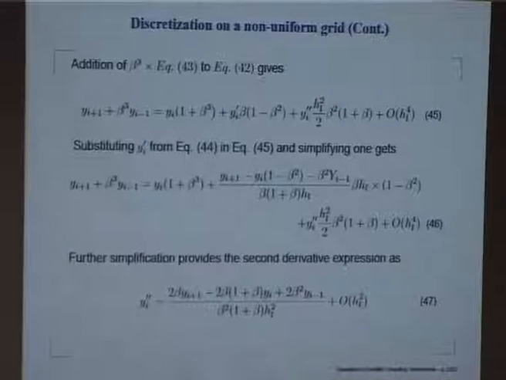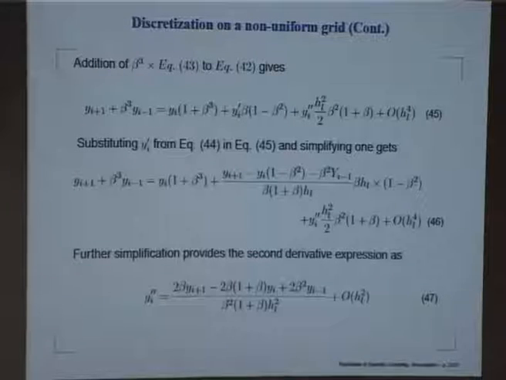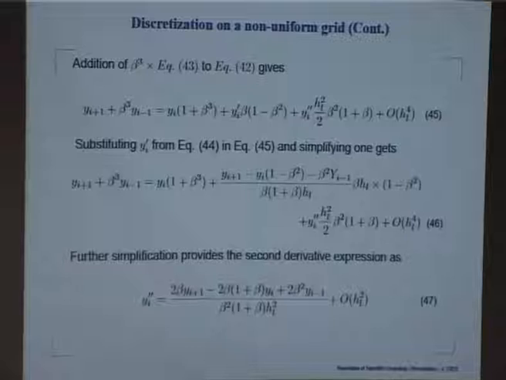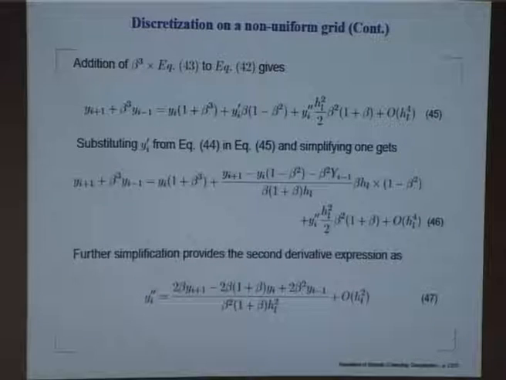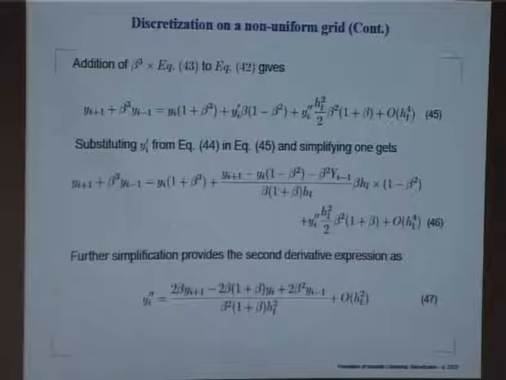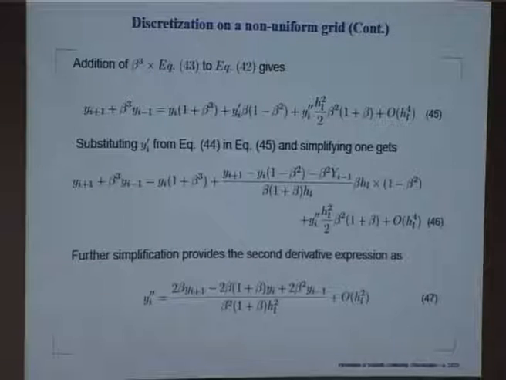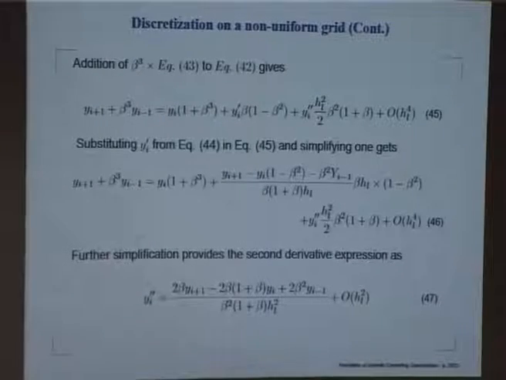We can similarly manipulate those two equations by multiplying the second equation with beta cube, and we can add it to the first equation, then we will get an expression of this kind.